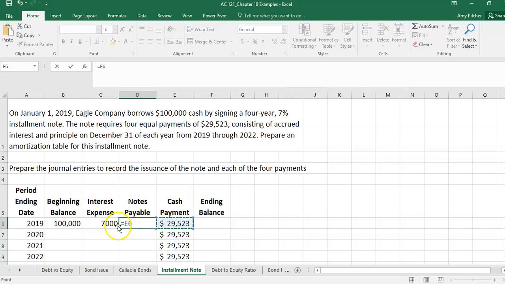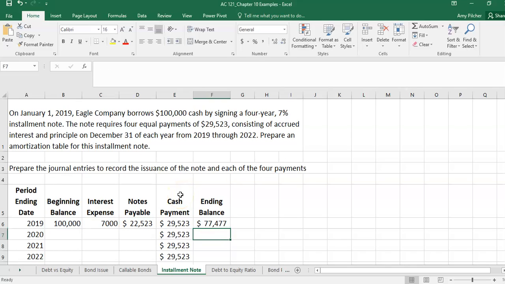So our total cash payment minus our interest expense tells us what part of the payment is going towards the principal, that $100,000 principal on our note. So now the ending balance of our note is $100,000 minus that note payable payment of $22,523.